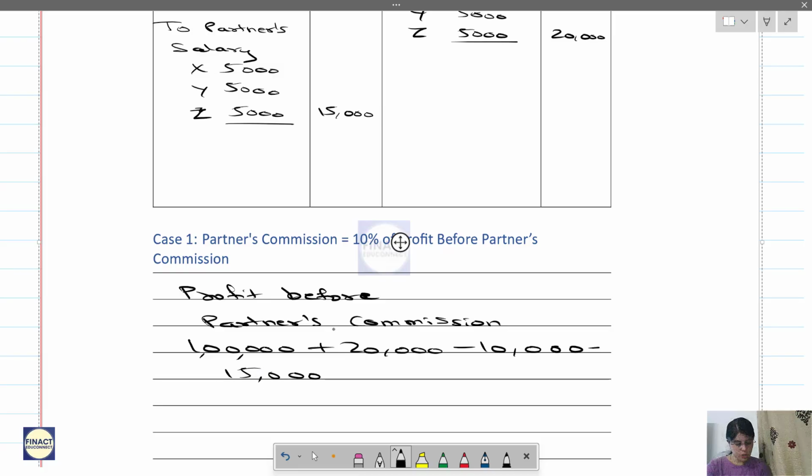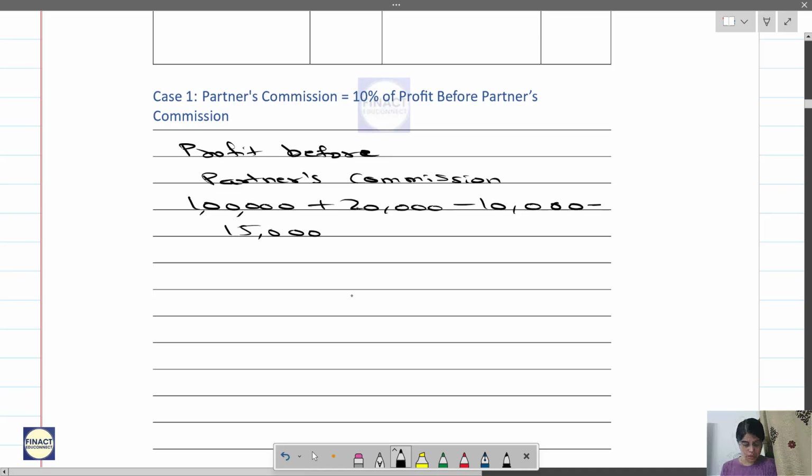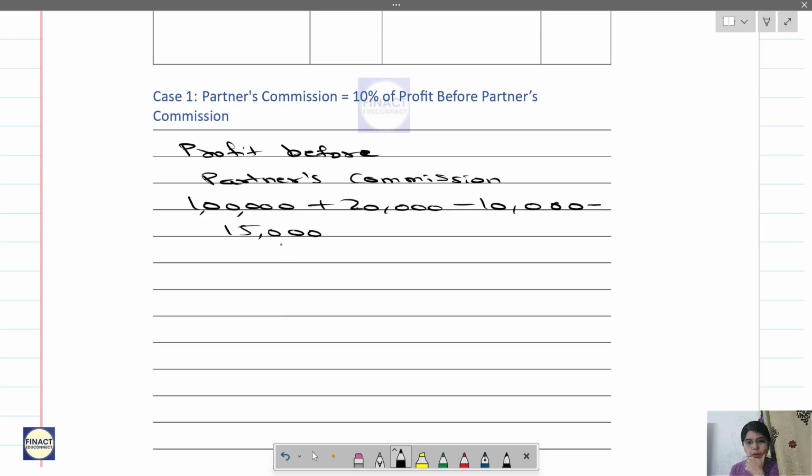Correct? So how much do you get? 1 lakh plus 20,000 minus 10,000 minus 15,000. 1 lakh 20,000, 1 lakh 10,000, 95,000.